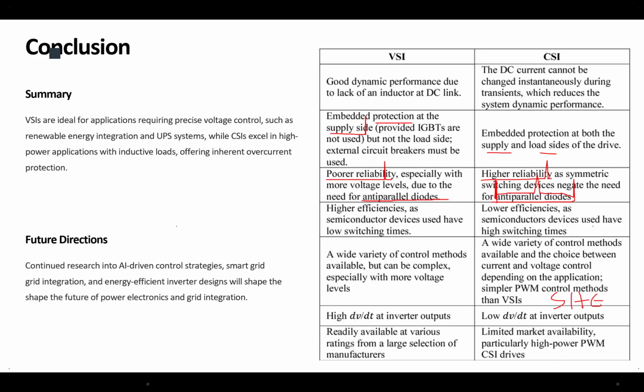But in a CSI, it would not allow the motor to drain sudden current from the source. So you need more time to get to the desired point of working, but the CSI inherently controls the gradual increase of the current, so it would avoid any transient voltage spikes in the system.